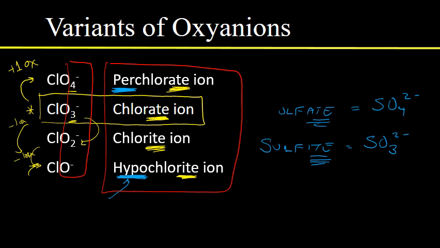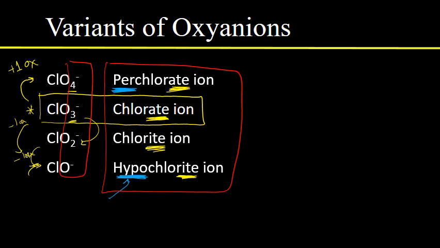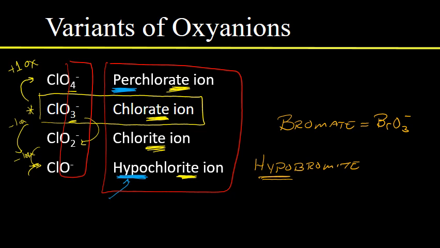Let's just do 1 more of these. So if bromate is BrO3 minus, right, then hypobromite, right, the hypo and the -ite means that we've gone down 2 steps, we've lost 2 oxygens.